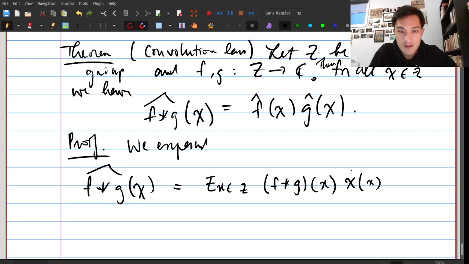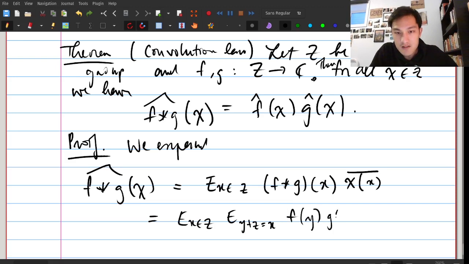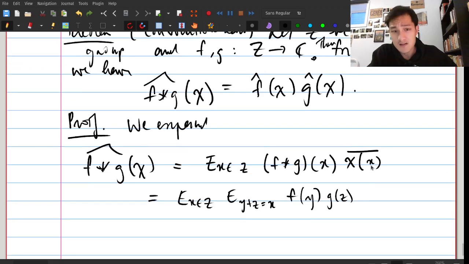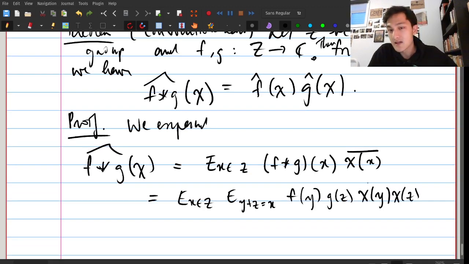Now we expand out the convolution part, so this stays the same, and we have the expectation over all y plus z equals x of f of y, g of z. But since x is y plus z, we can write chi of x as chi of y times chi of z, because chi is a character, so it's a homomorphism, and all of this is barred.